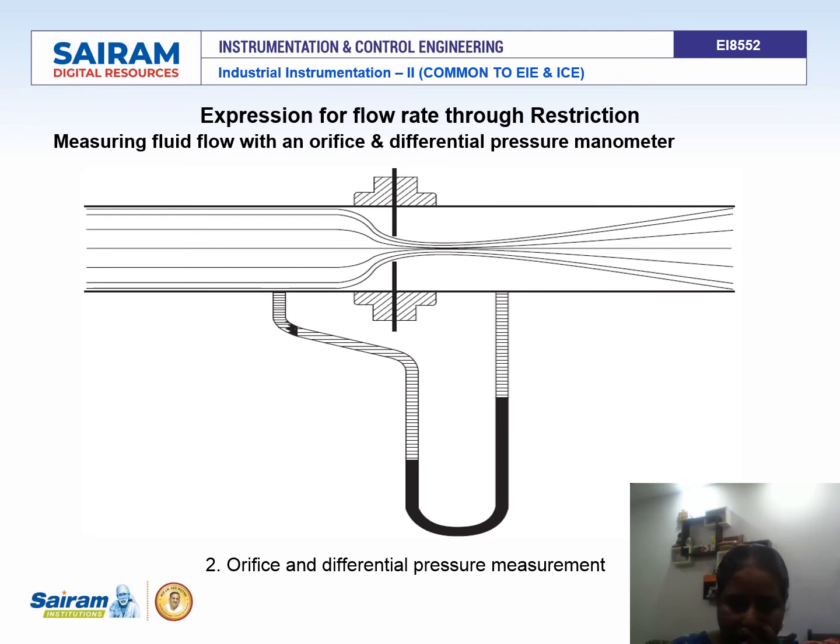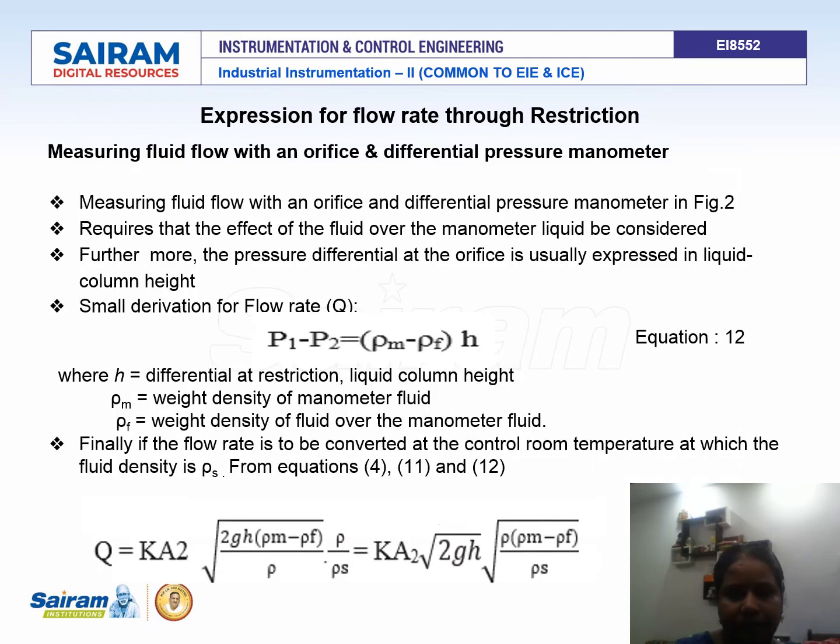Section 1 is before the application of the restriction, which may be the pressure P1, and section 2 will be P2. It is after the restriction. So we are going to measure the pressure difference between section 1 and section 2, and that will be measured using a U-tube manometer.